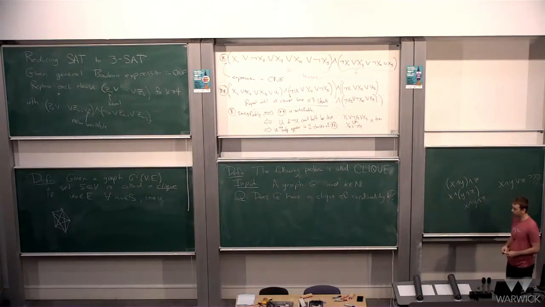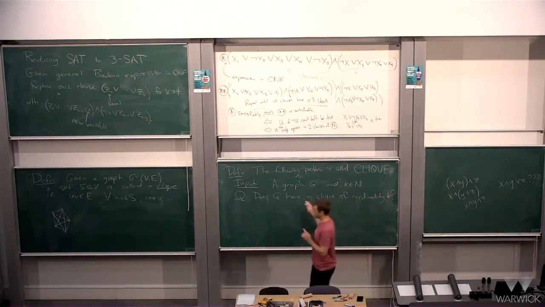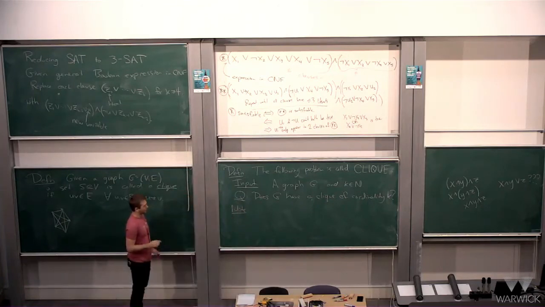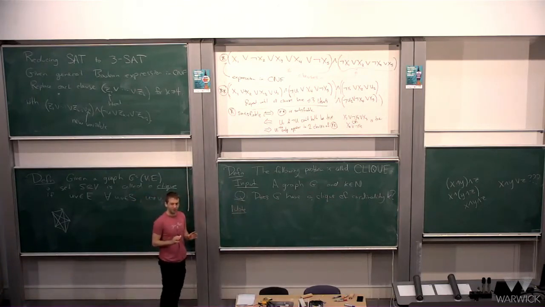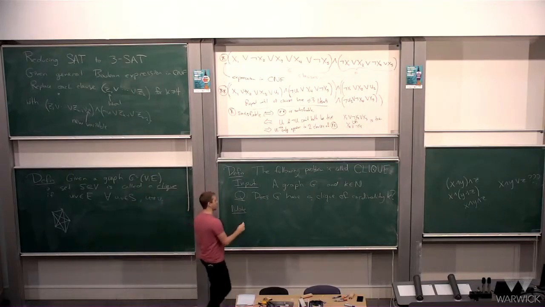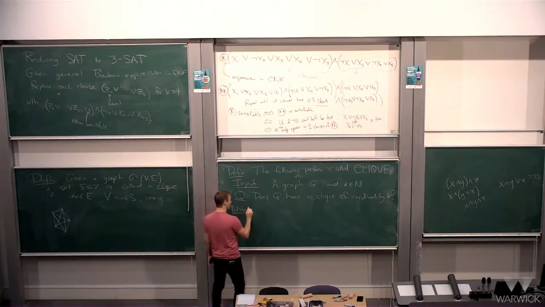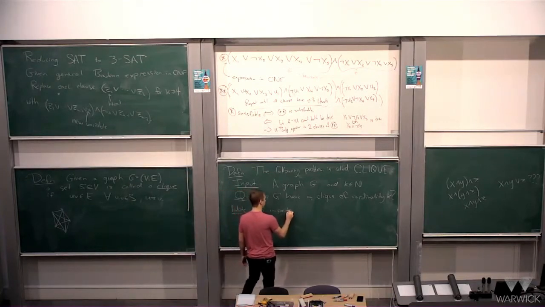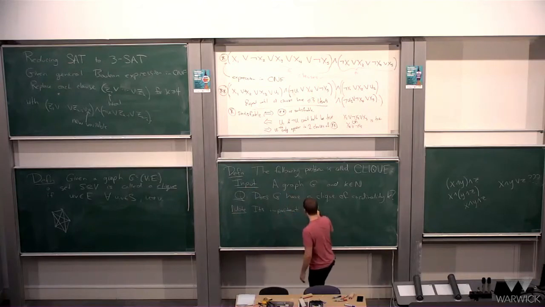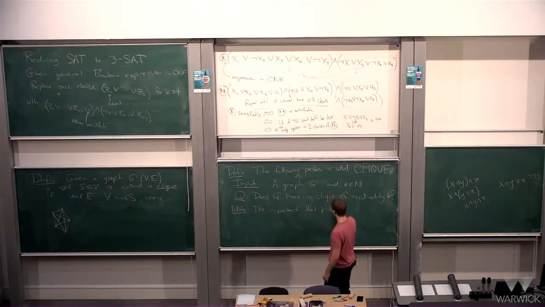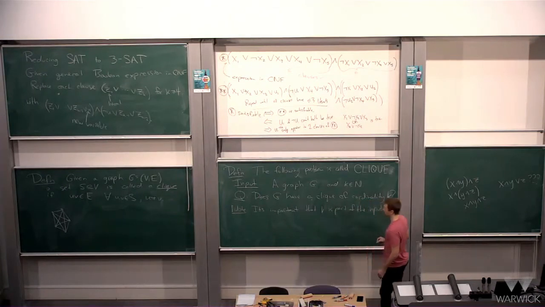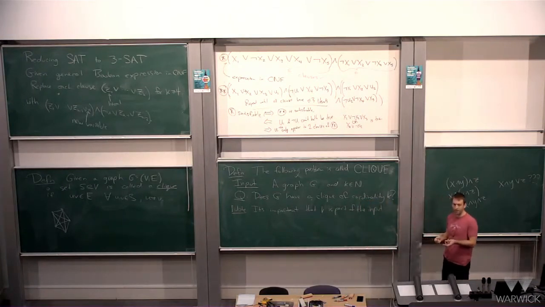And there's one subtle thing that I want to point out here, which could be helpful to you to not get confused. It's important that k is part of the input, and it's not just some fixed parameter of the problem.